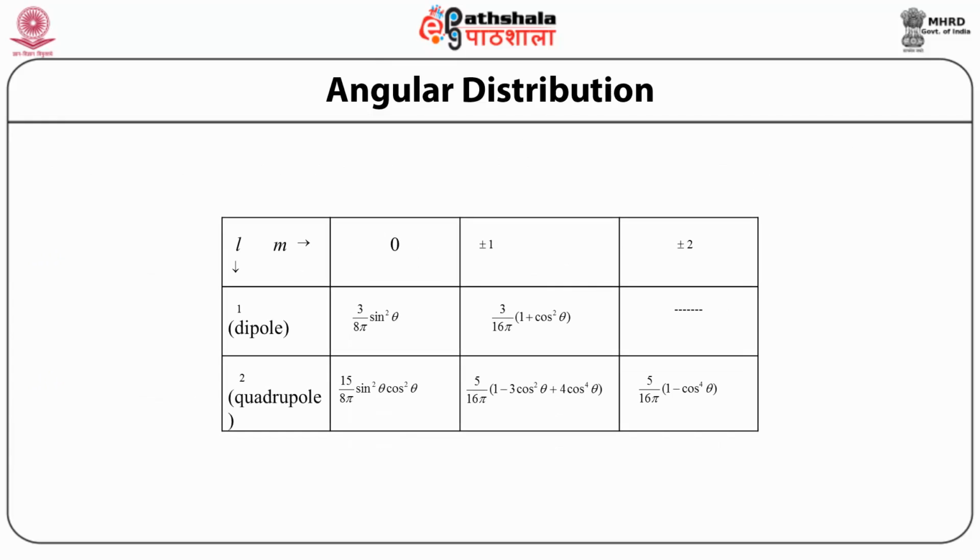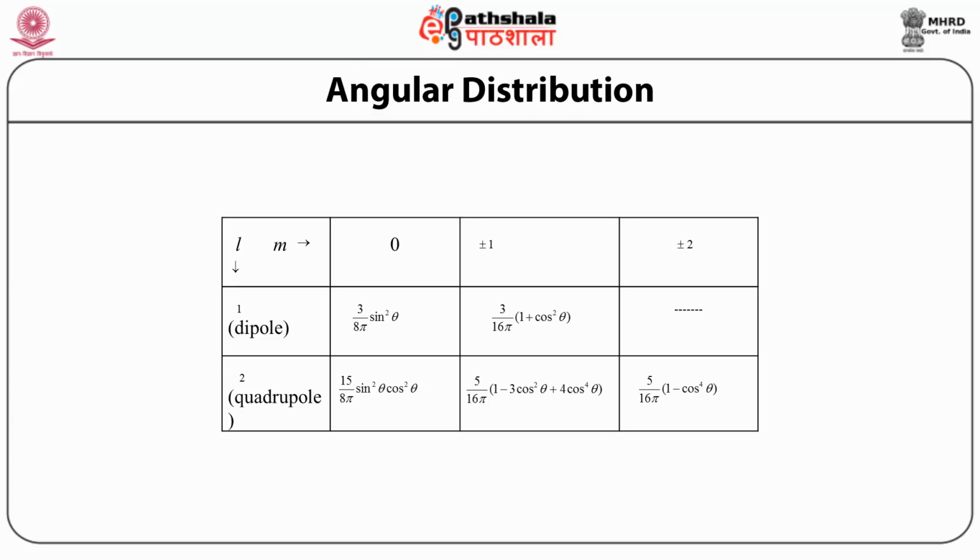So the table lists the value of the expressions in the square bracket for L equals 1 and 2. For L equals 1, there exists a dipole, and for m equals 0, we have 3/8π sin²θ. Similarly, for L equals 1, m equals ±1, we have 3/16π (1 + cos²θ), and no value exists for L equals 1, m equals ±2.